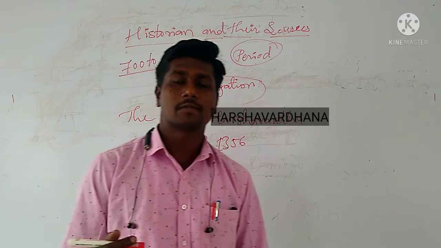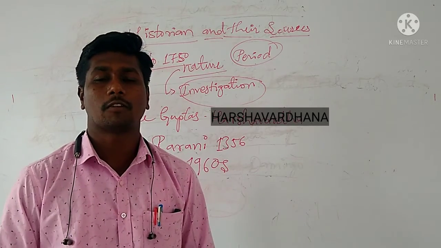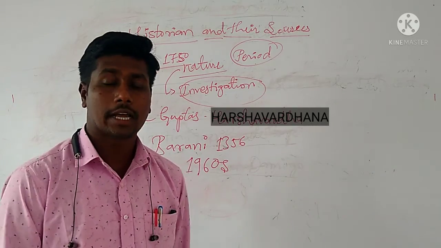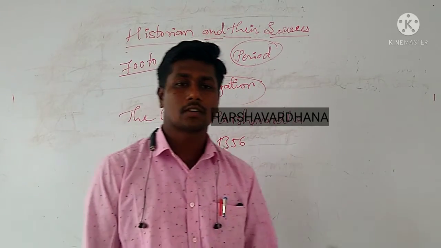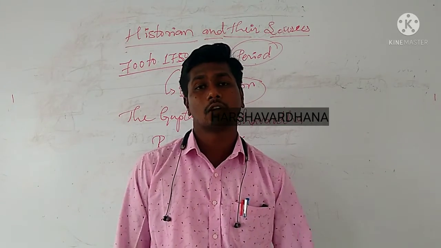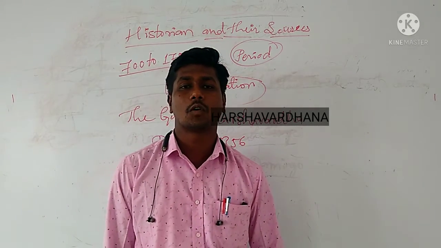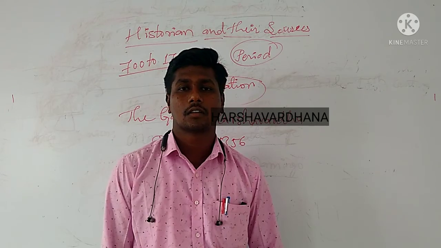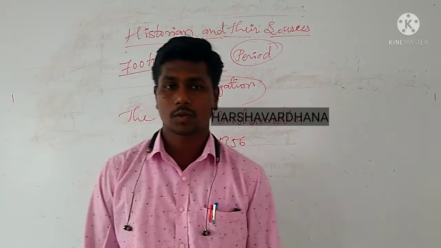And because of the scribes, the meanings of words and sentences also changed while copying, because they were forced to guess what was written in the original book. Because of that, historians faced the problem of working out what was there in the original text. So this is what we call historians and their sources.